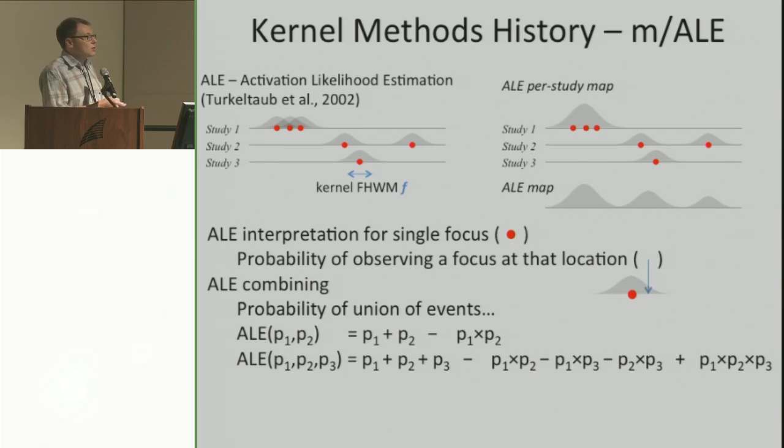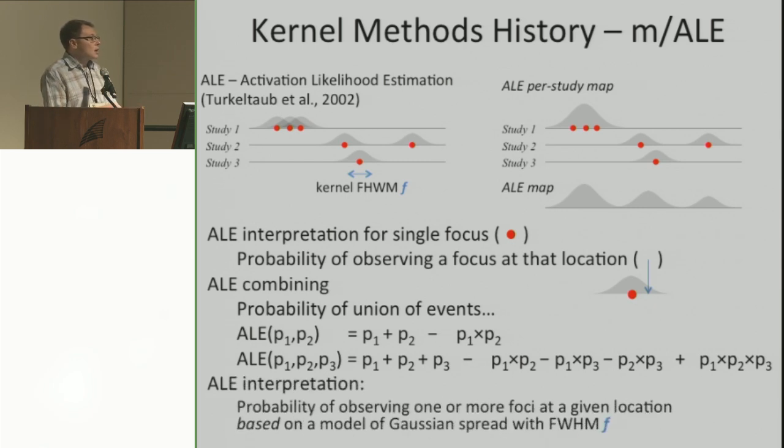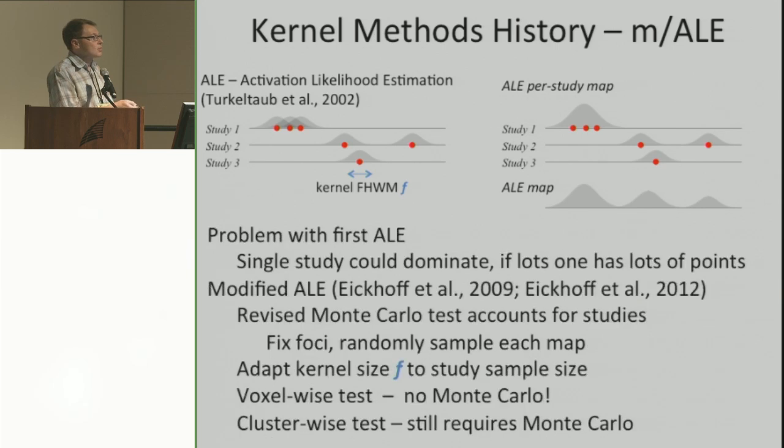So this function that we see here is the sum of the probabilities back here minus their intersection, assuming that these are independent events. And so this is the interpretation that we get, that for a given spread, this is the probability of observing one or more foci at a given location. That's what this arithmetic is supposed to be doing.